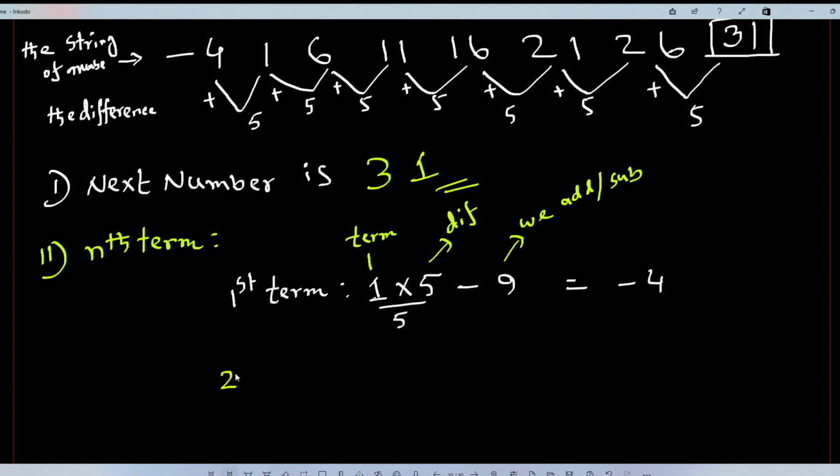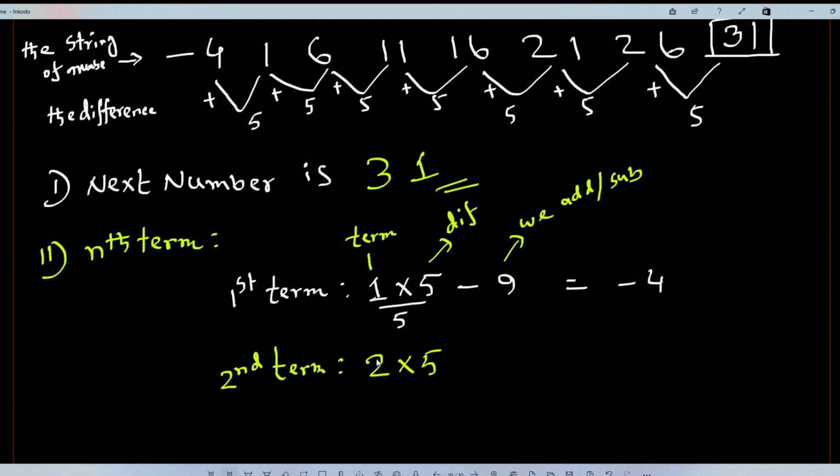Now look, the second term. Similar thing: the term number is 2, multiplied by the difference 5. Why is the difference 5? Look, -4 plus 5 becomes 1, 1 plus 5 becomes 6. It means 6 minus 5 is 1, and 1 minus 5 is -4.